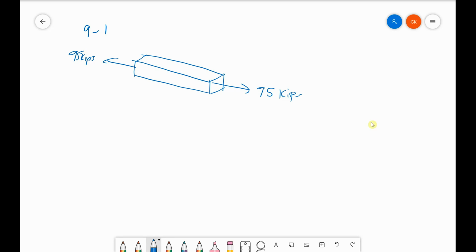Now, first off, when you see a load written like this, it's not saying 2 times 95, it's just saying 95. So, for our equation, P would be equal to 95 kips, which is equal to 95,000 pounds.